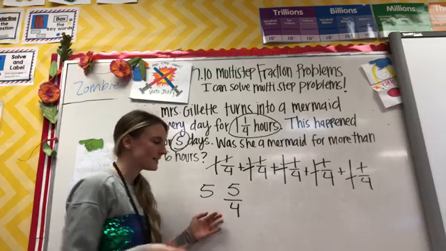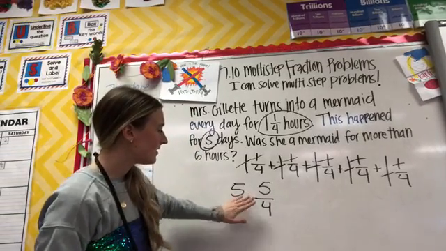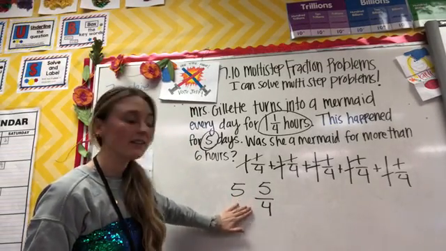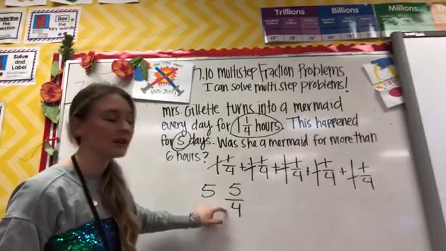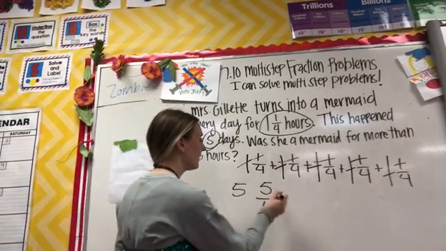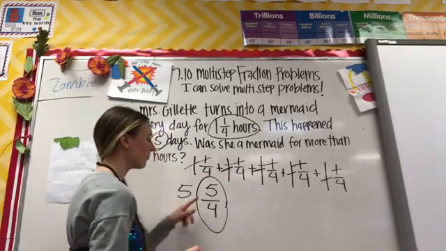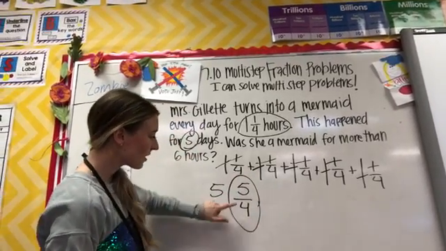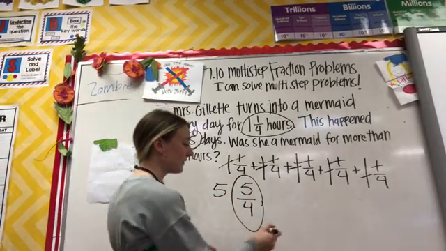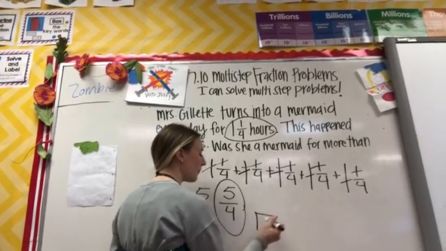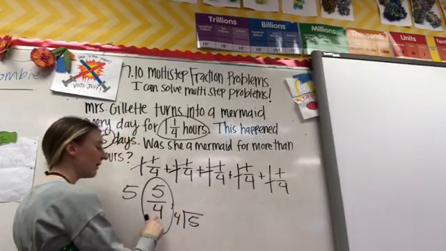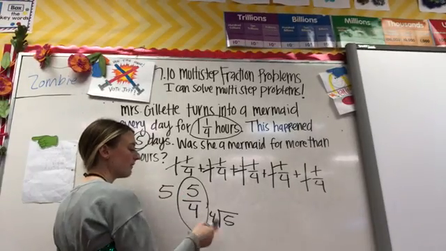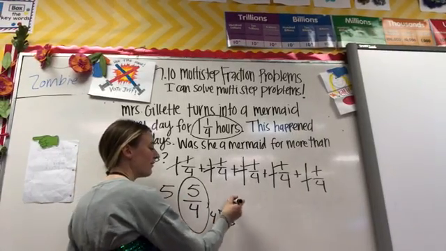So this doesn't tell us anything because we need to change this into a mixed number. This one's improper. Remember, when the number on top is bigger than the number on bottom, we need to change it. So let's focus on this 5/4 and make it a mixed number. If you remember, we do that by either dividing the big number by the small number or just simply asking, how many times can 4 go into 5?